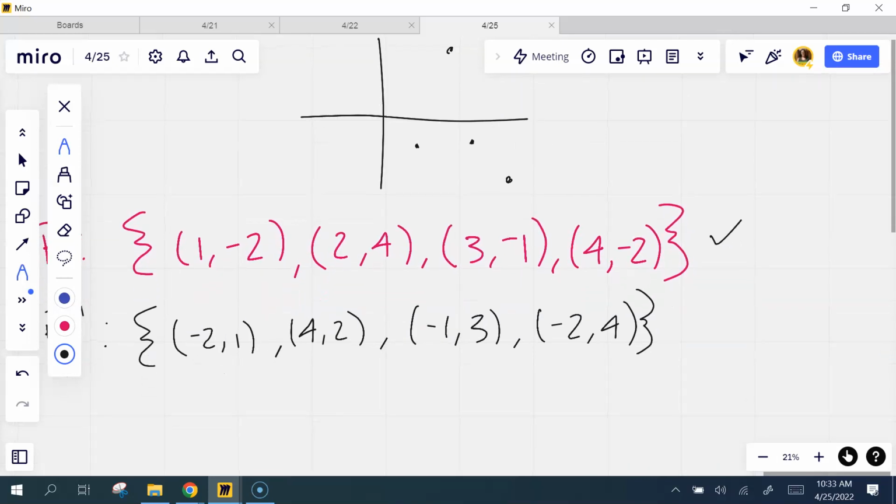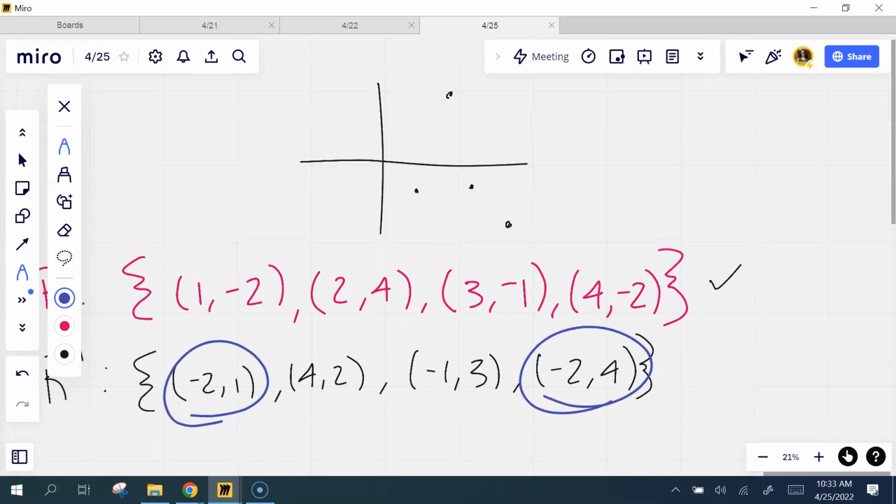When I switch them up, though, do they still retain their functionality? So is it still a function? Why? These two points here, right? If you graph those, if you have (-2, 1) and you have (-2, 4), look what happens.